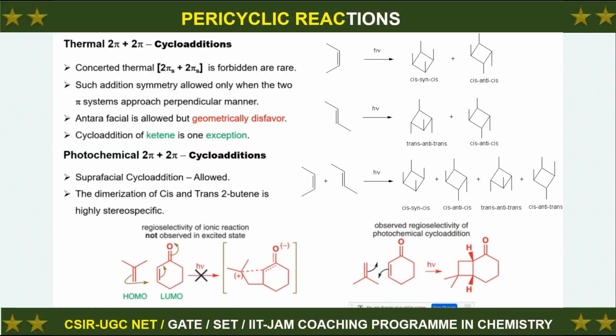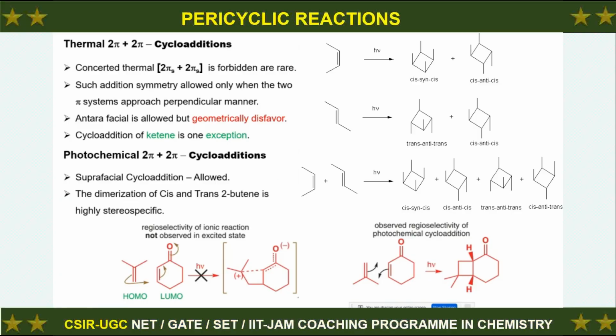Okay. If the cis isomer is subjected to photochemical conditions, you are getting either cis syn cis or cis anti cis. When the trans isomer of the butene is taken to photochemical conditions, you are getting either trans anti trans or cis anti cis.